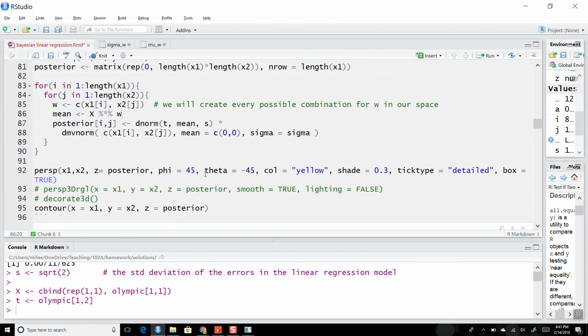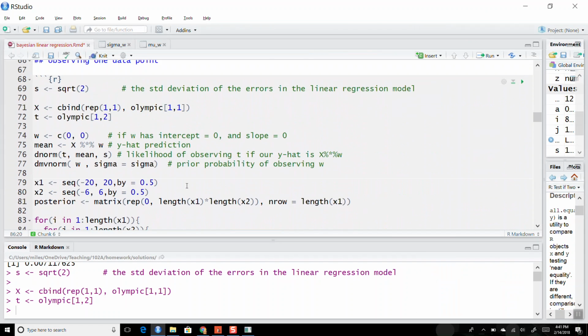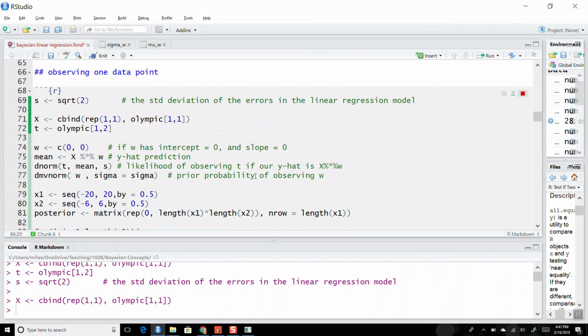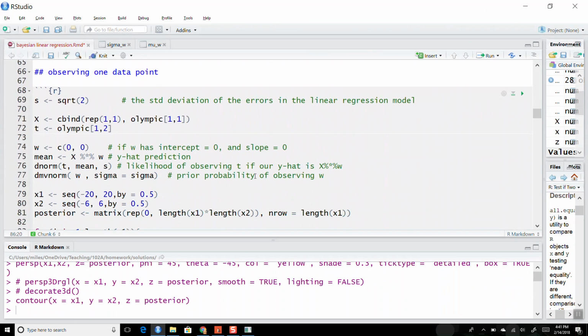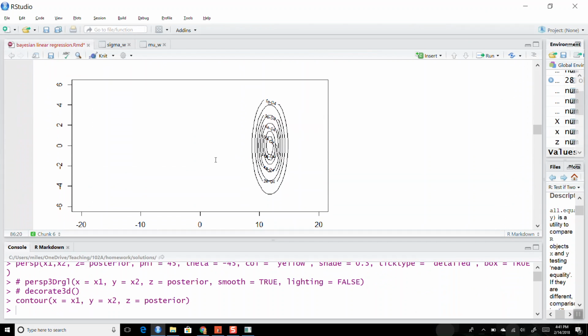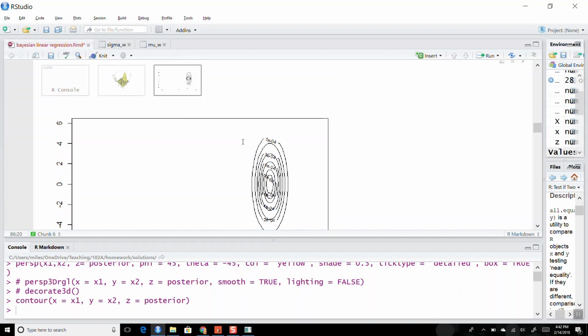So we observe one data point, and the resulting contour plot looks like this. Basically, we've only observed one data point so far, and so it says, all right, this is my best guess.